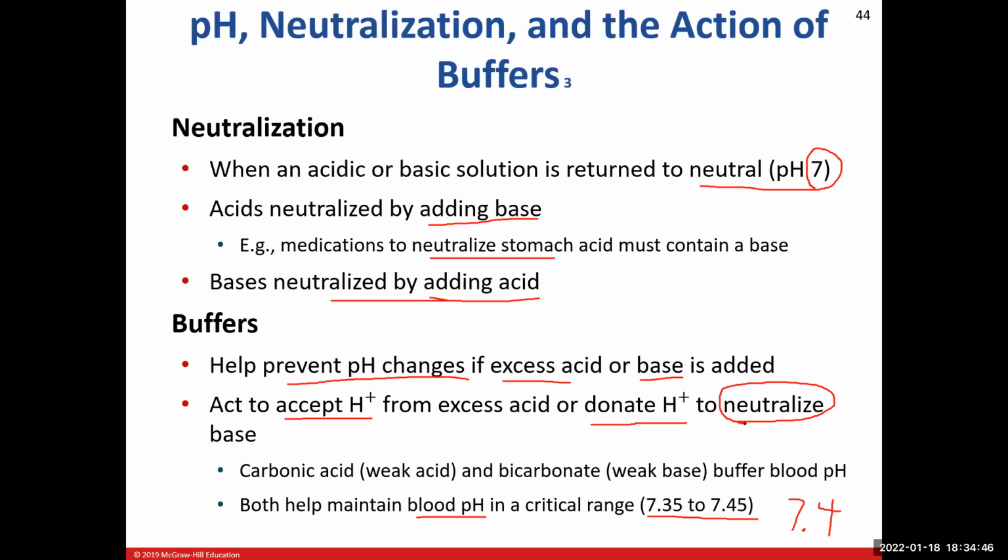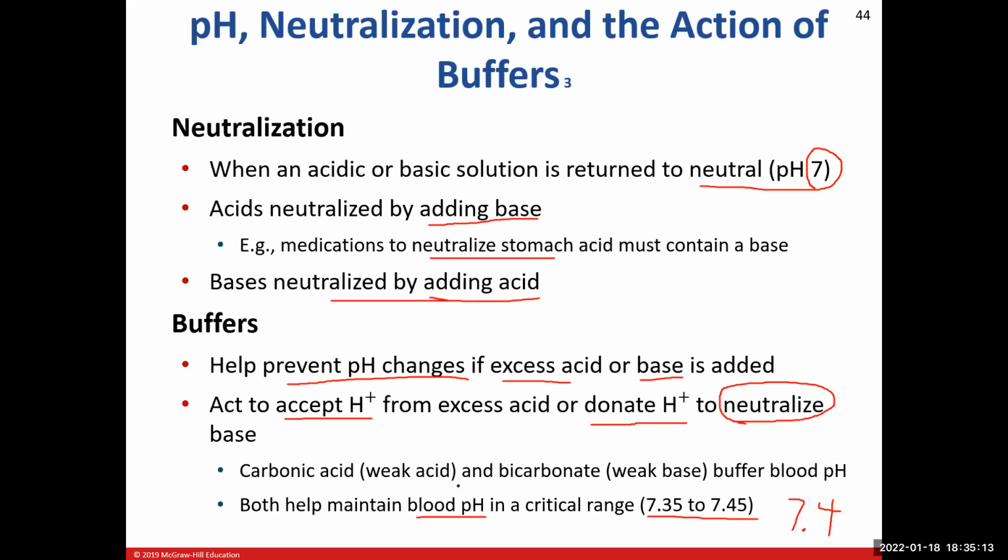They're always going to try to neutralize whatever has been added to your body to change your pH. So in your body, you have these buffers, carbonic acid and bicarbonate, that float around in your blood and help to maintain that 7.4 pH value. If it starts to swing and become too acidic, these buffers will start to soak up those hydrogen ions.